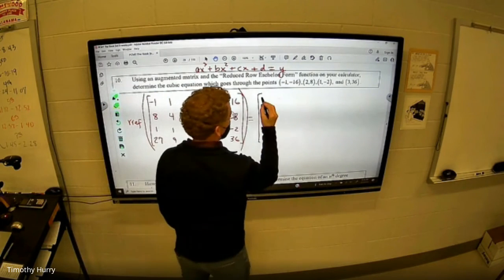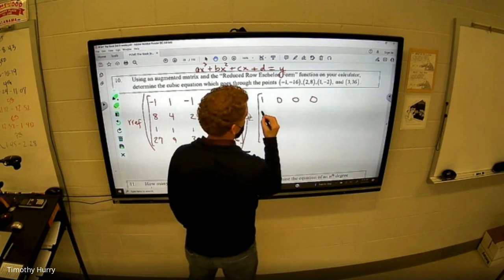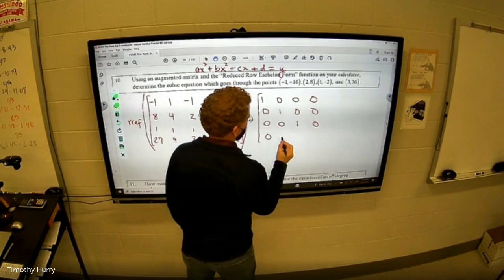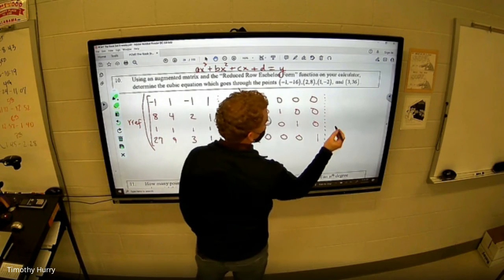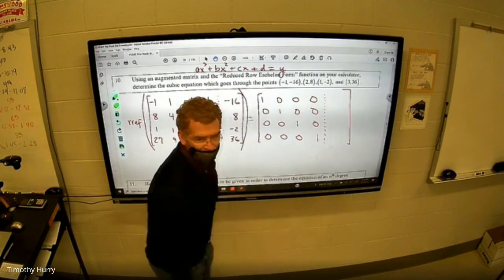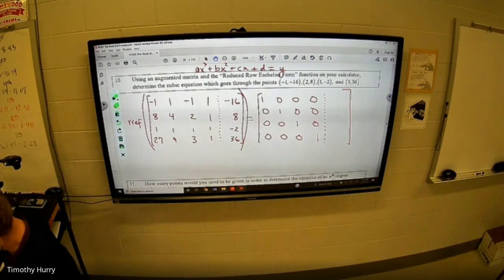And it should, I hope. Anybody have this done? Okay, so menu, matrix, 5, left side button, matrix, delete 4, tab, delete 5.